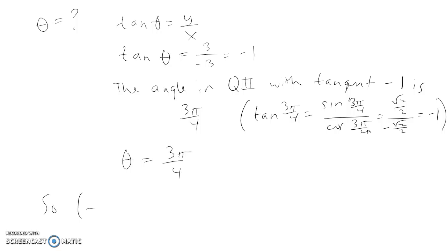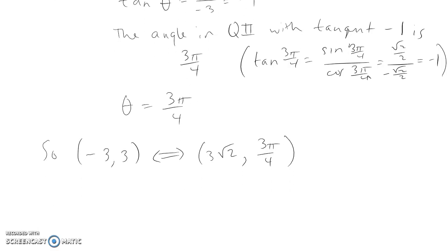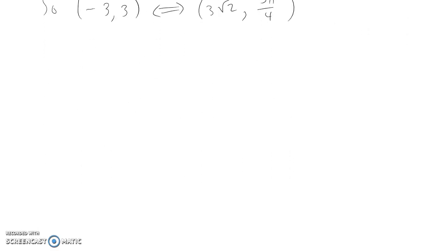So we can say then that (-3, 3) is the same thing as (3√2, 3π/4), where 3√2 is my r. So we've converted from rectangular to polar that way. Now we can also use the ideas that x equals r cosine theta, y equals r sine theta, r squared equals x squared plus y squared, and that tangent theta equals y over x, to change equations from one set of coordinates to the other.